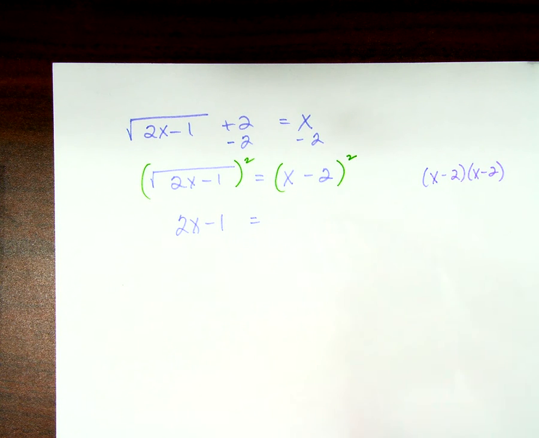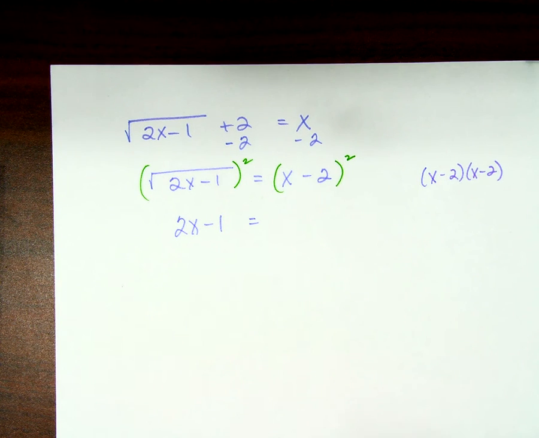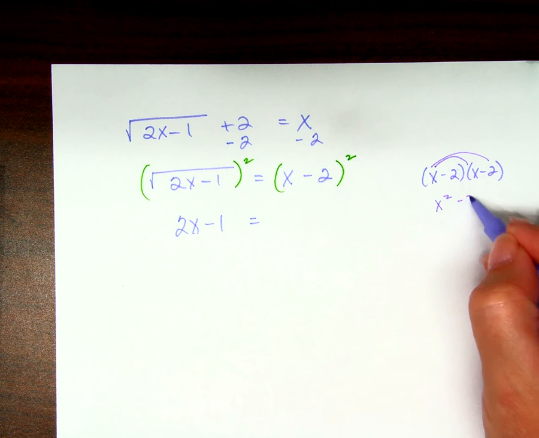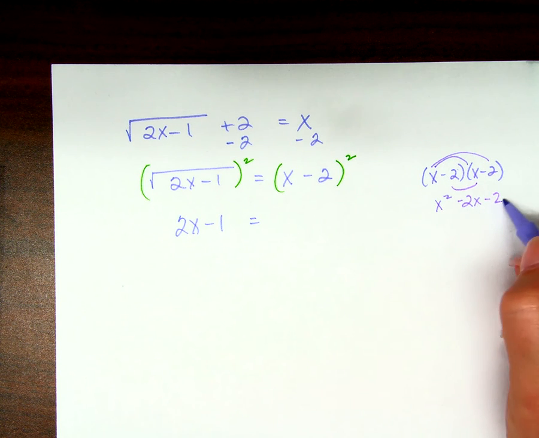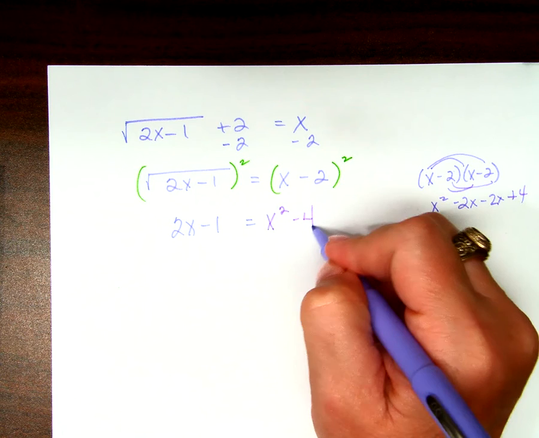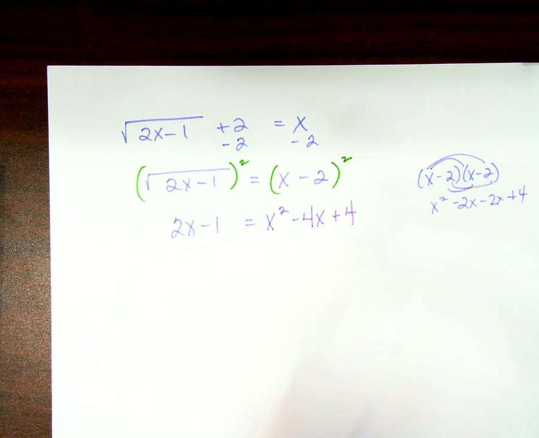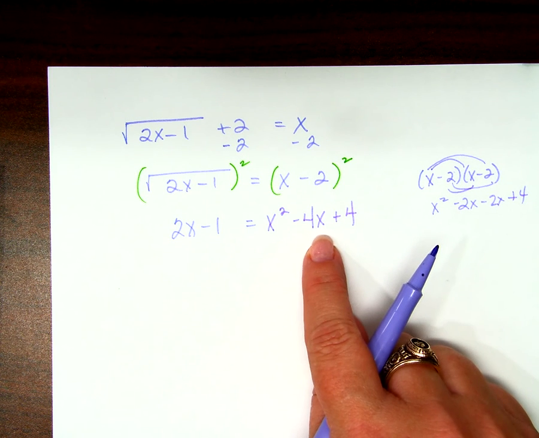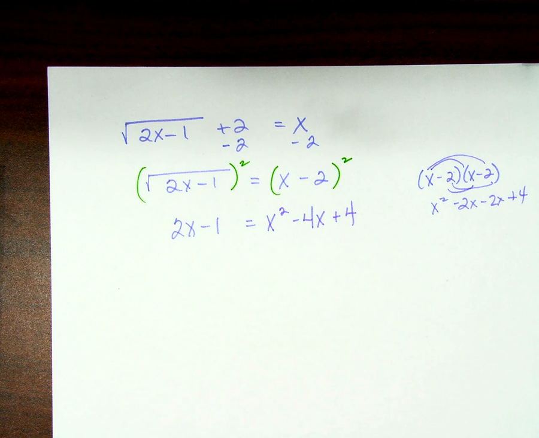Distribute: x squared minus 2x minus 2x plus 4, which is x squared minus 4x plus 4. If all you do is square both of them, you're going to miss out on this middle term, and you will get it wrong every time, unless you make some other error and somehow magically end up with the right answer.